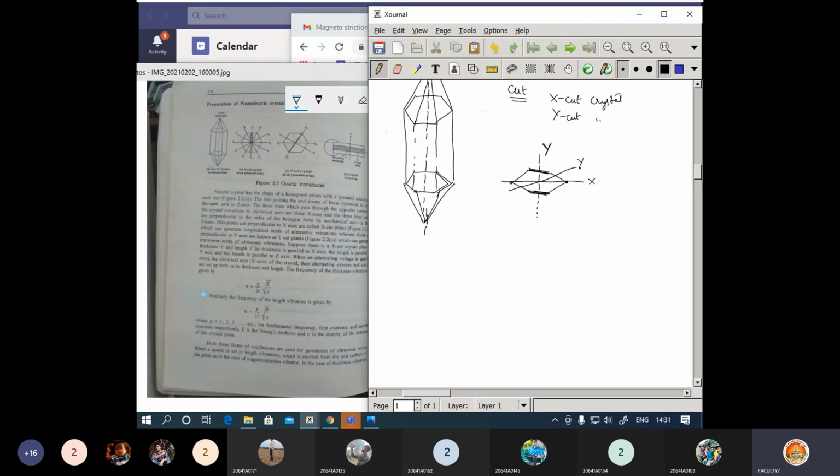This is one more y-axis, and this corner is going to create one x-axis, and this particular direction is going to give one more y-axis, and this is going to give one more x-axis. Totally you will get three x-axes and three y-axes. If you want, you can label those.